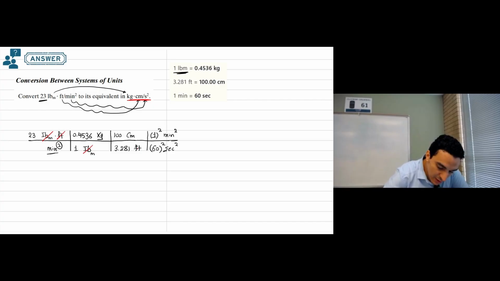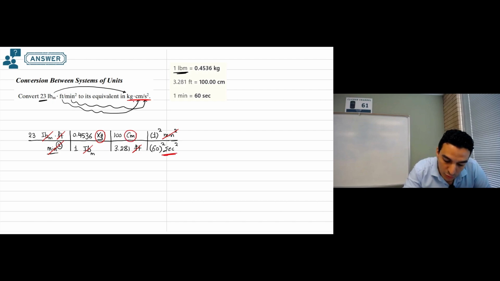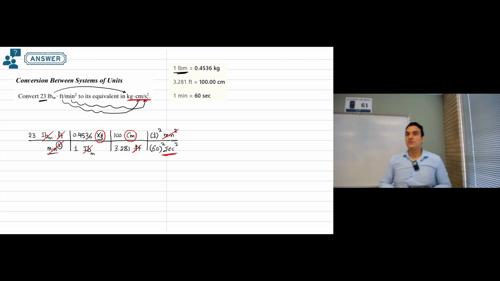Here I have feet, and here I have feet, so these are cancelled. Here I have minute squared, and here I have minute squared, so these are cancelled. So what is remaining? Kilogram, centimeter per second square, which is required here. Only the new units that are required remain in the problem.